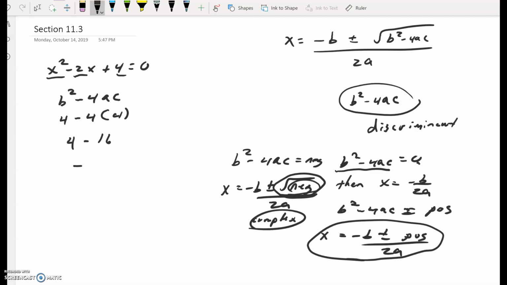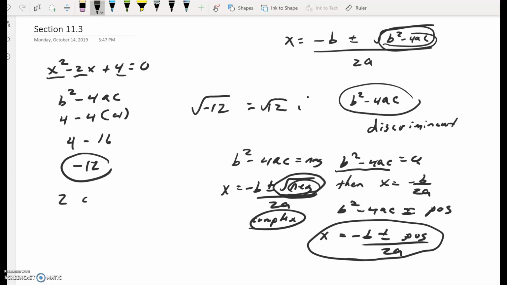We got 4 take away 16, that's negative 12. So the discriminant, the thing inside the square root, is negative 12. Well, that's going to be the square root of 12 times i. So these are going to be two complex, or I guess you could call them imaginary solutions, but two complex solutions is better.